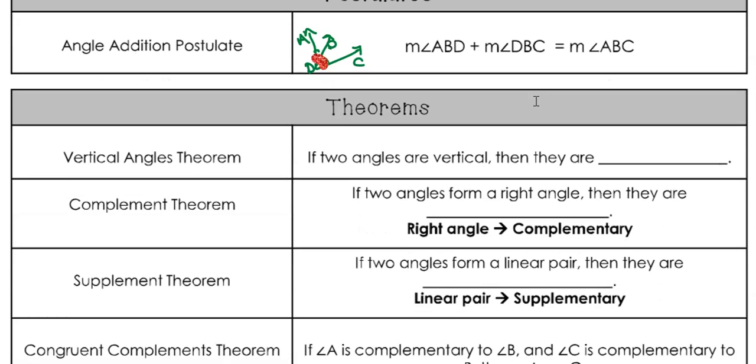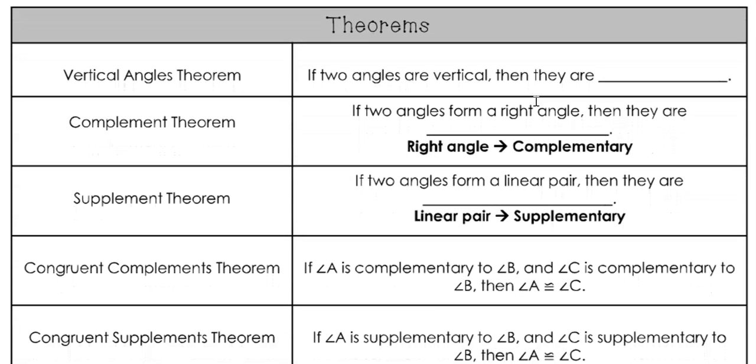Our last portion are our theorems. I want you to remember that a theorem is something that has to be proven first. So all of these statements have been proven before. So we will be going over some of these proofs in class together, but right now I want you to be familiar with the vocabulary.